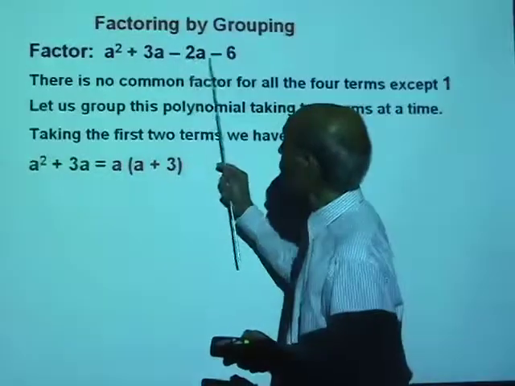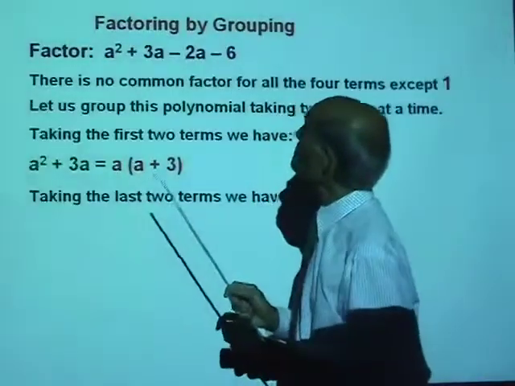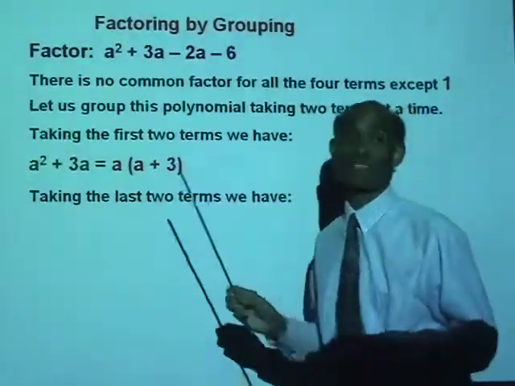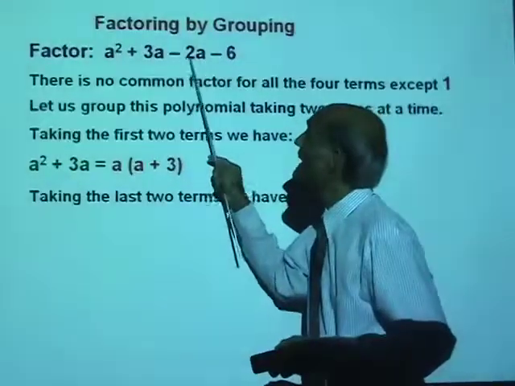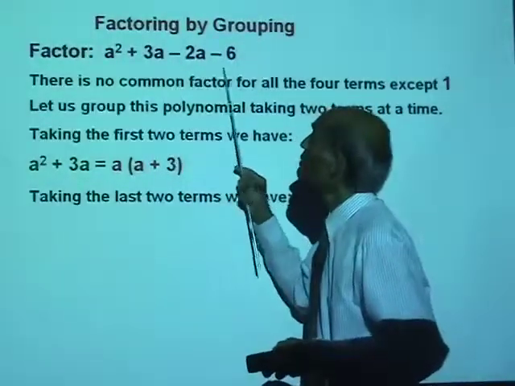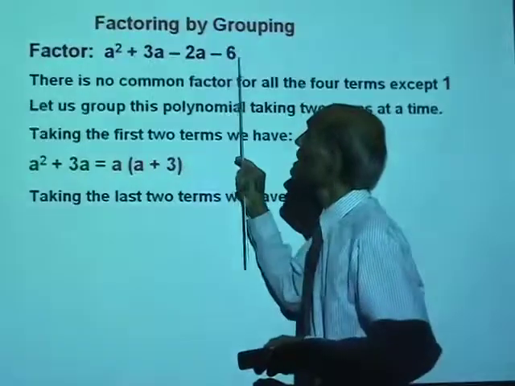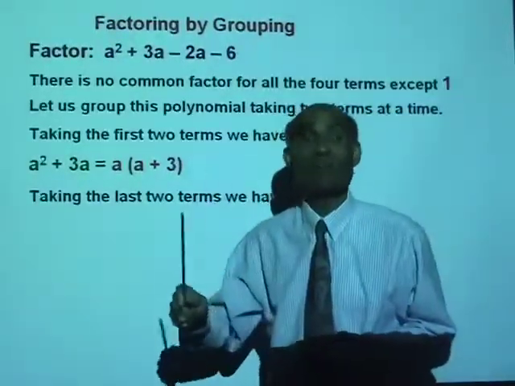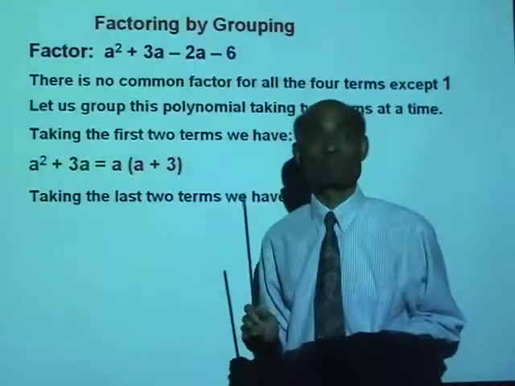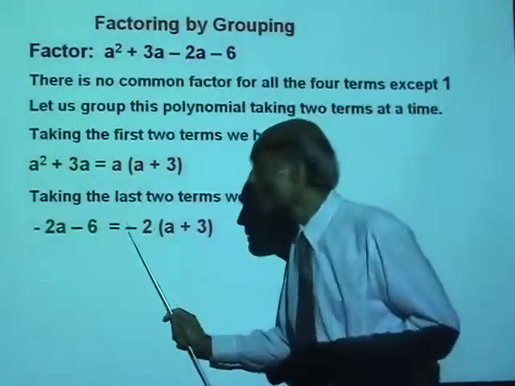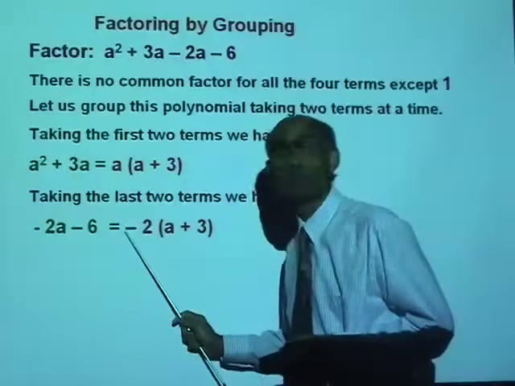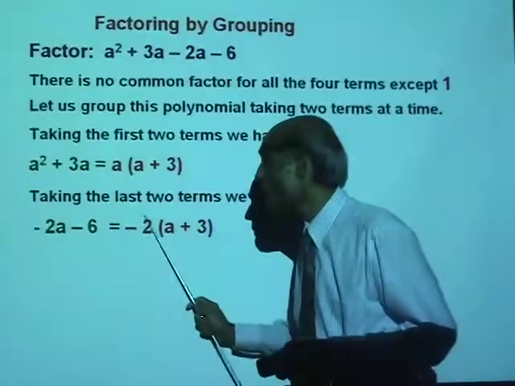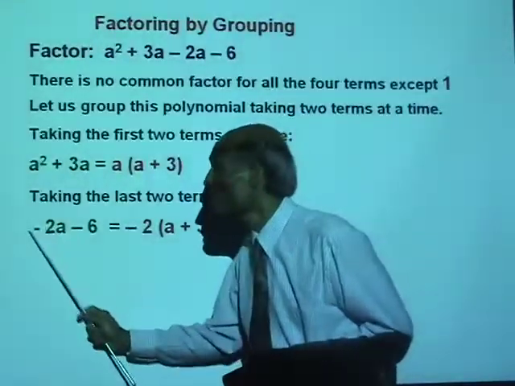How about the last two terms? Minus 2a minus 6. Can you identify a common factor in these two terms? What is the common factor for minus 2a minus 6? Well, the common factor is negative 2. You take a common factor negative 2. Look at this.